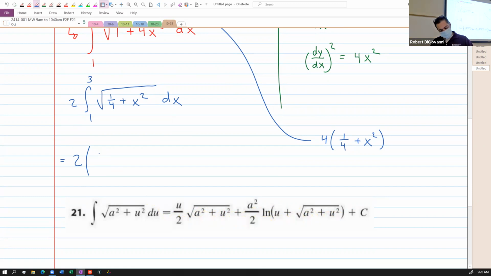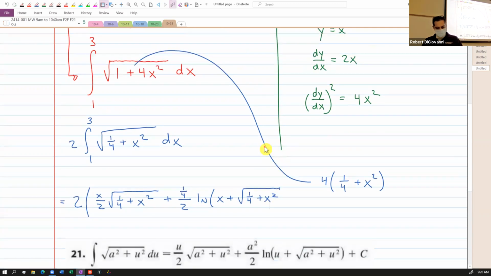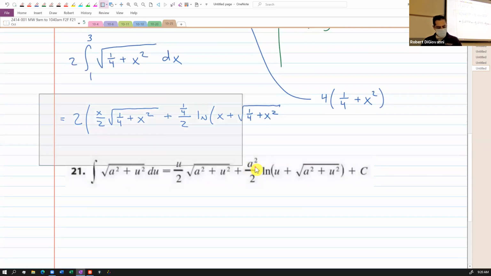So this will be x over 2 square root of 1/4 plus x squared plus a squared, 1/2 squared is 1/4, over 2 natural log of u, which is x, plus the square root of 1/4 plus x squared.